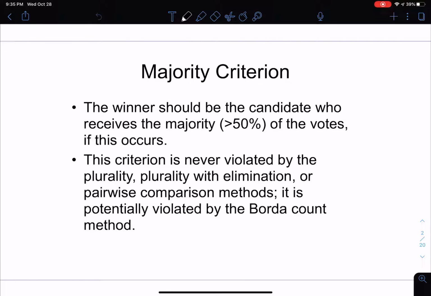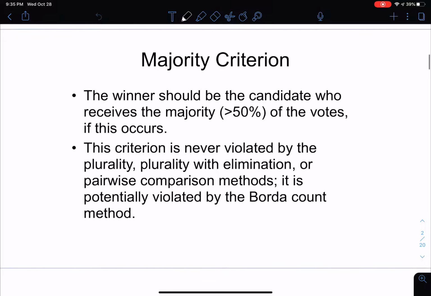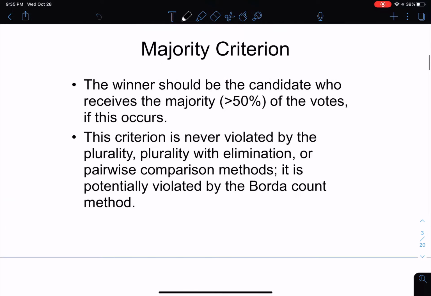So I wanted to go through and show an example where the majority criterion gets violated. All right, let's say you have a preference table. We're familiar with preference tables now, where things are ranked first, second, and third.